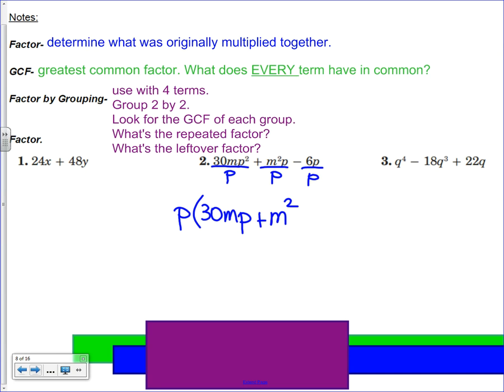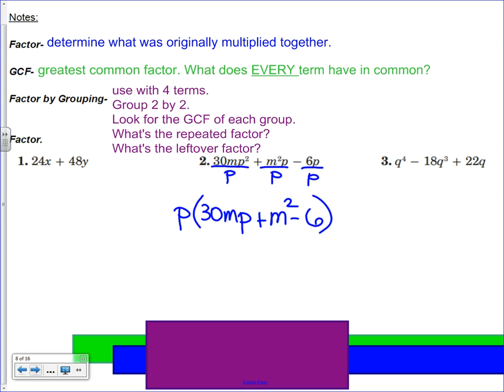How about these P's? They cancel. No P, because P on top, P on bottom cancels itself out. And then I have the minus 6 and no P's. Again, see that, Savannah, how they cancel out. So this would be my final answer. What do you guys think? Fair enough? Okay, that's the only one I want to do in that row.